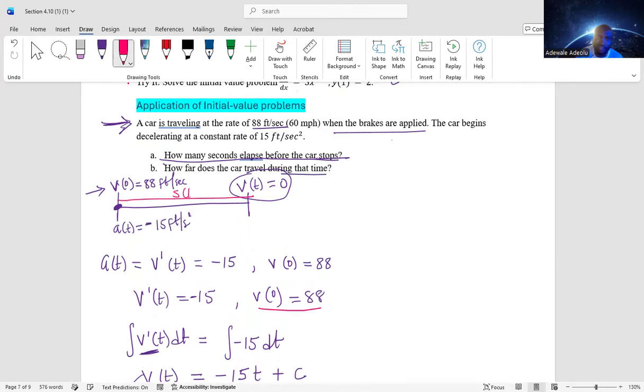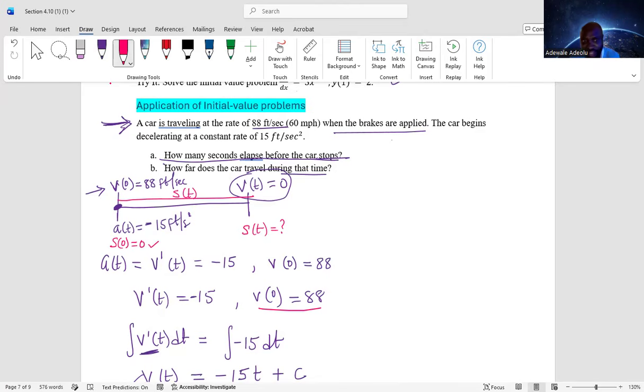Let's call it S of t. At the very beginning, we know that distance is zero. At the beginning, when you start to apply the brake, the distance is zero. At the end is what we are looking for. S of t, what is it? So I've been able to find an initial value here.